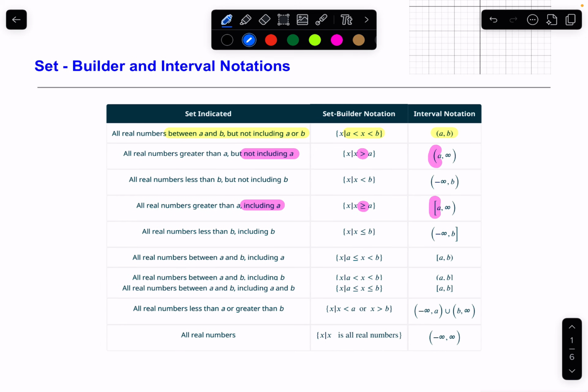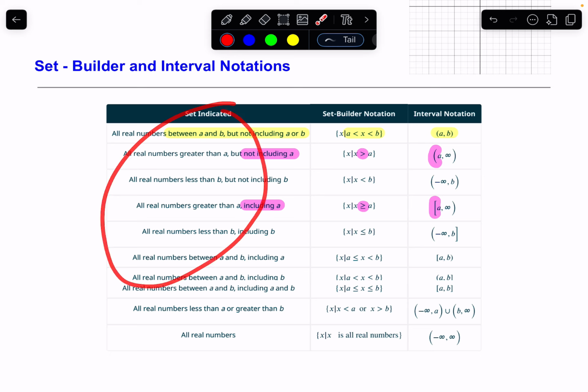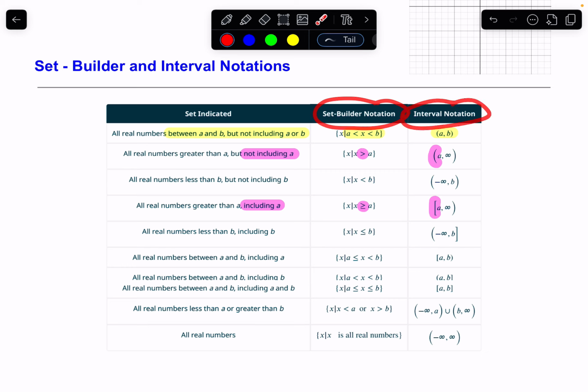All right, so set builder notation and interval notation. These are the two ways that we generally describe sets. So we might describe a set in words, which is what's happening over here on the left. But mathematically speaking, usually we either use set builder notation or interval notation. And most of the time, we'll want interval notation in this class.